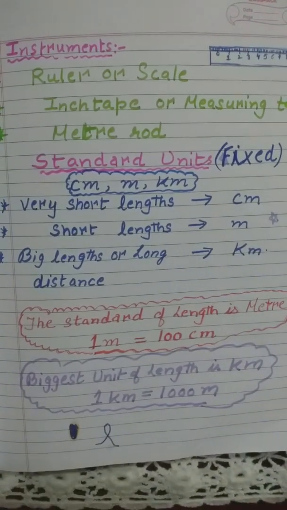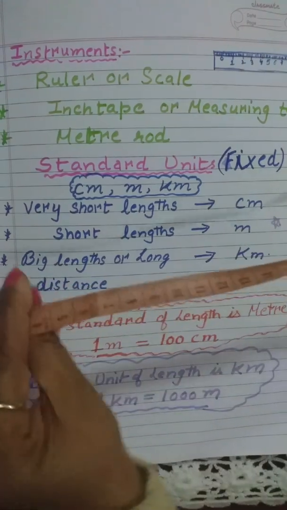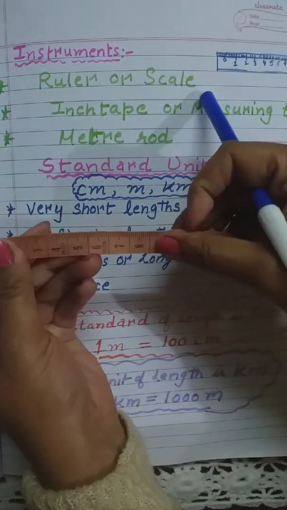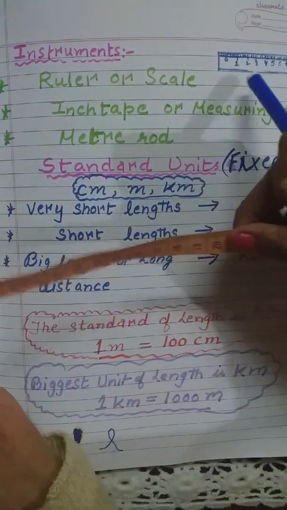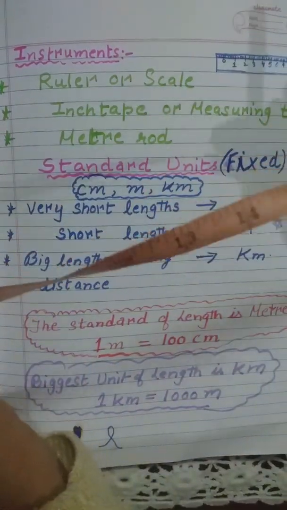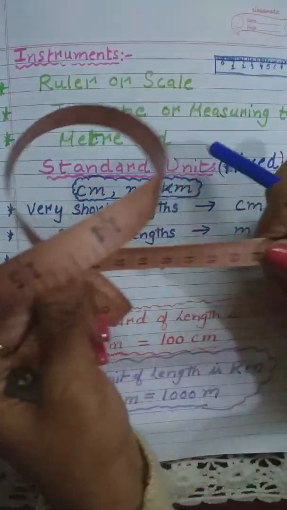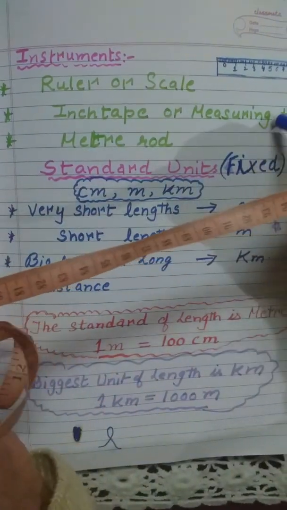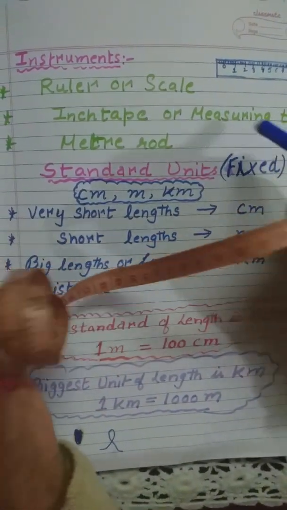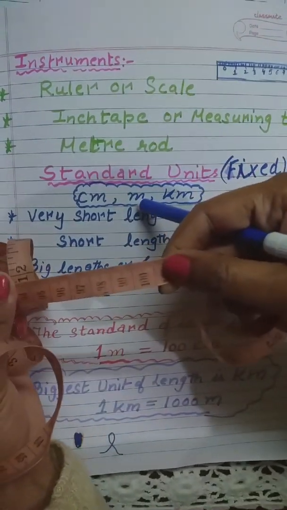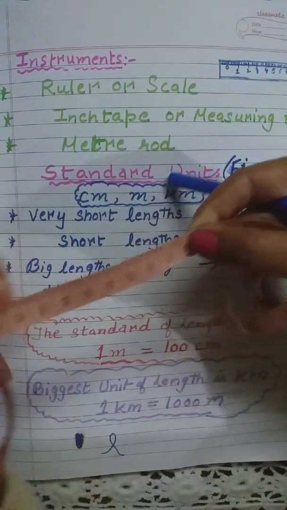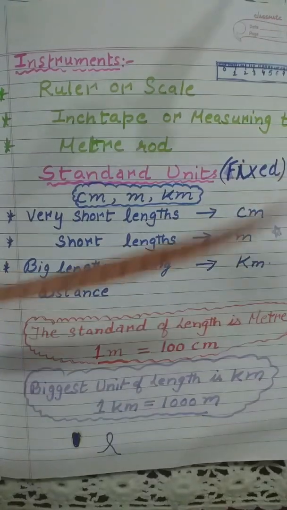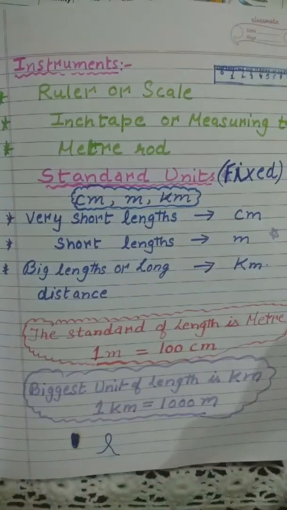Now as we can see on this inch tape that there are centimeters, and here if we take up to 100 centimeters, so it will show you this is your 100 centimeters. So this is showing us the length of 1 meter.